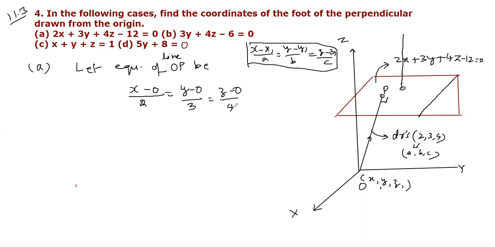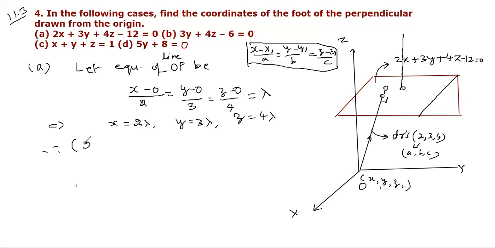Whenever we have to find any point on this line, we equate it to lambda, each one separately. Because of 0, we directly get x is equal to 2 lambda, y is equal to 3 lambda and z is equal to 4 lambda. That means this is any point on the line OP.